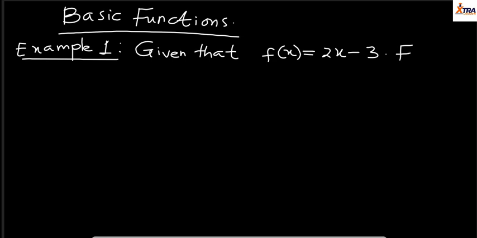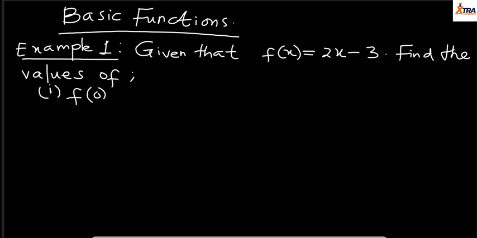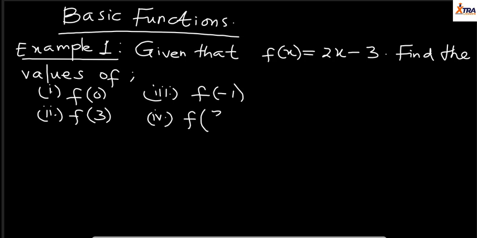Find the values of Roman figure 1, f of 0, Roman figure 2, f of 3, Roman figure 3, f of minus 1, Roman figure 4, f of 3 over 2.